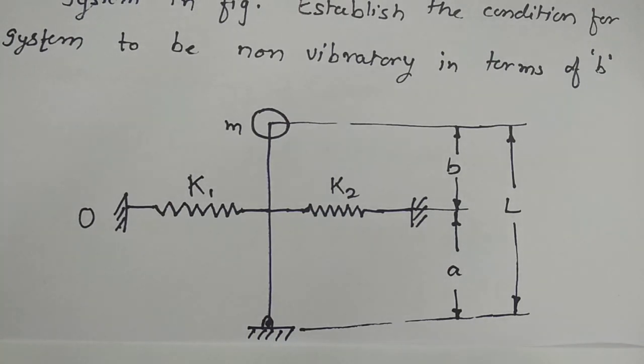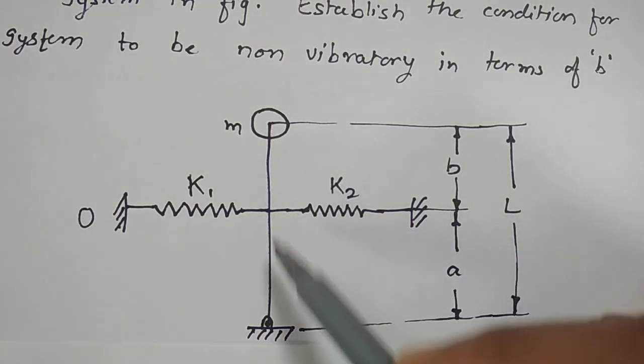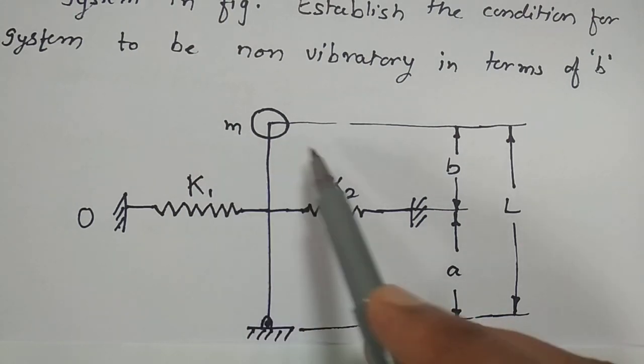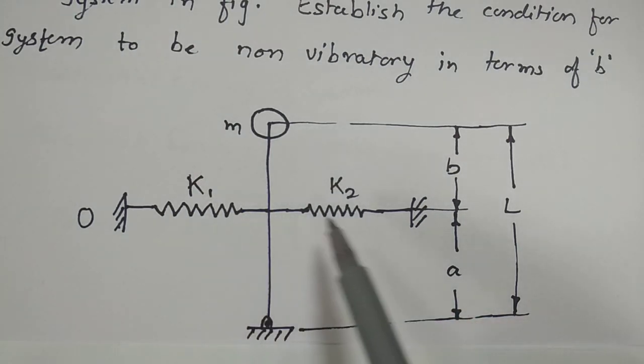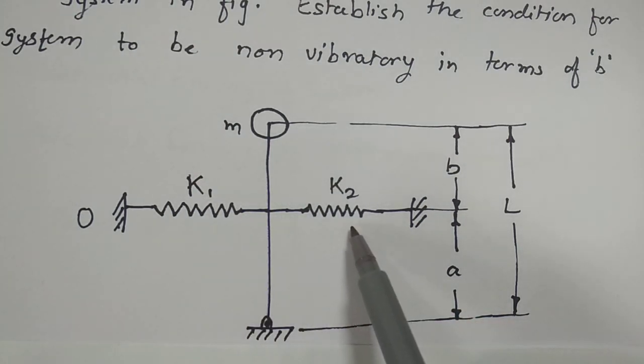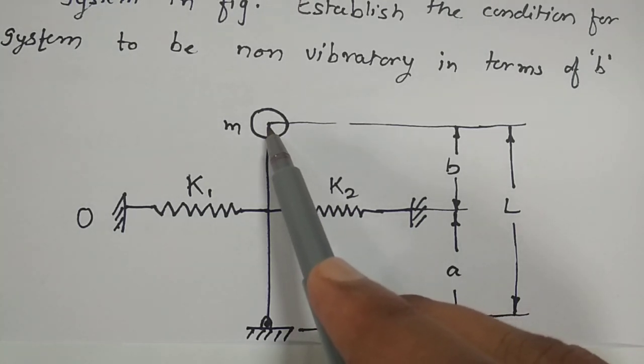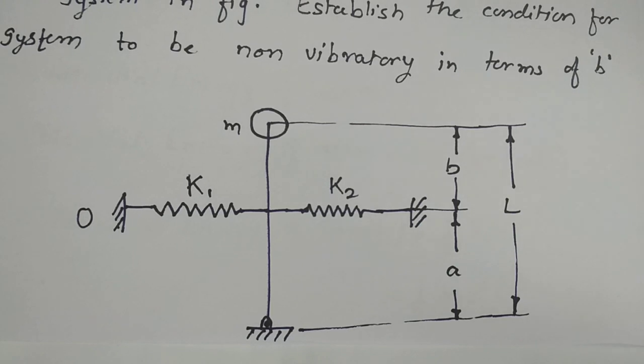So the energies present are: first, the kinetic energy of this mass due to rotary movement; second, the potential energy of the springs; and third, the potential energy of this mass due to height change.